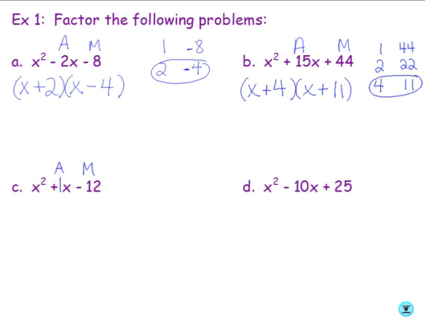So, because my multiplying number is negative, I have one positive and one negative. Because my adding number is positive, the bigger one is positive. So 2 parentheses with x's, 1 positive, 1 negative. This one's your bigger number.